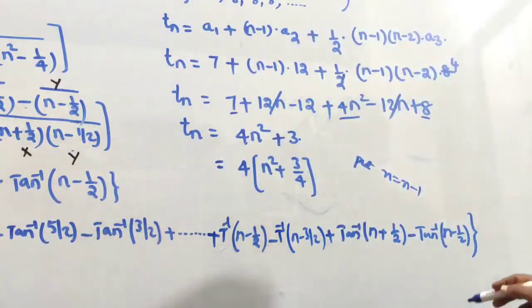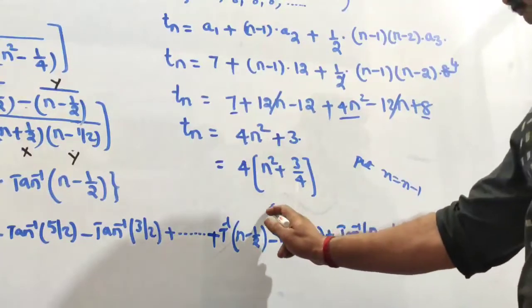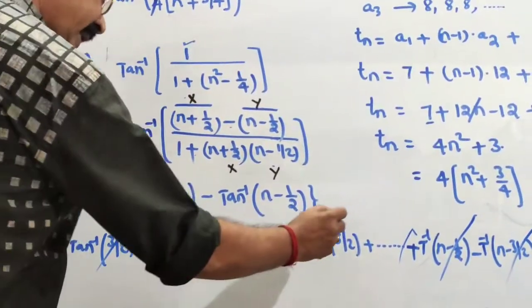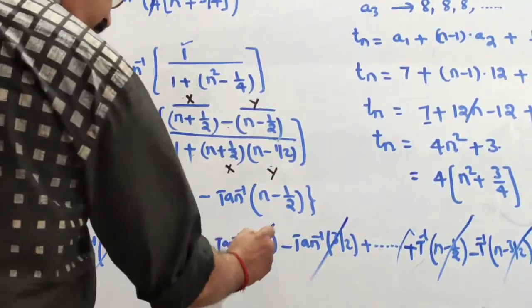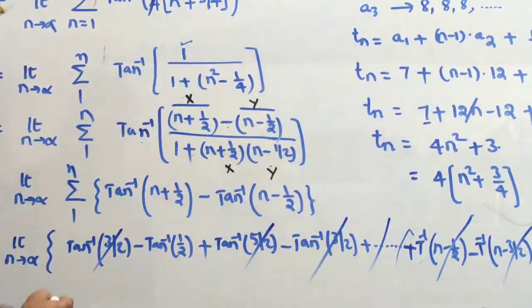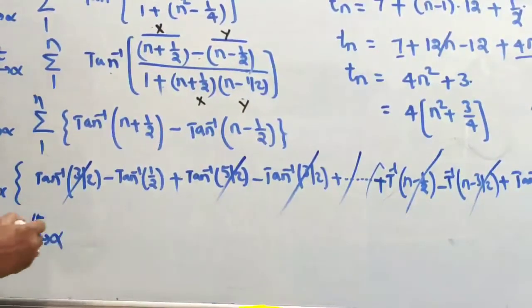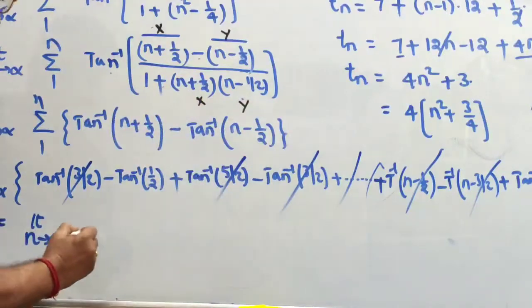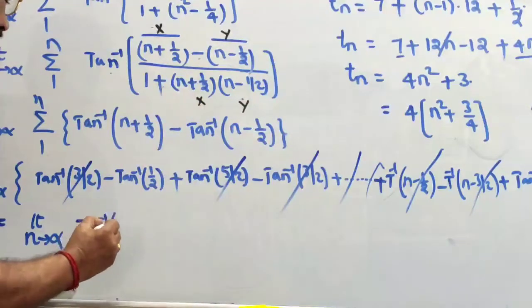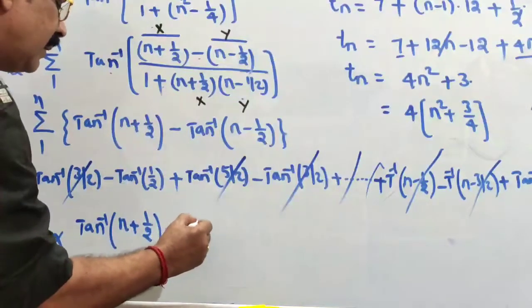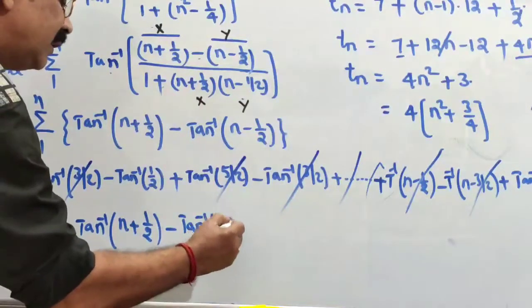Okay. Anyhow, tan inverse of n minus 1 by 2 later will be cancelled here like that. Next 3 by 2 value cancelled. Next 5 by 2 will be cancelled here. So ultimately it remains only two terms, namely tan inverse of n plus 1 by 2 minus tan inverse of 1 by 2.